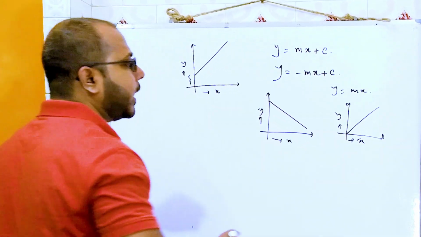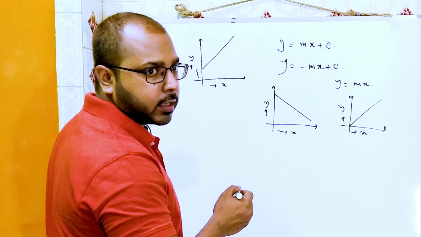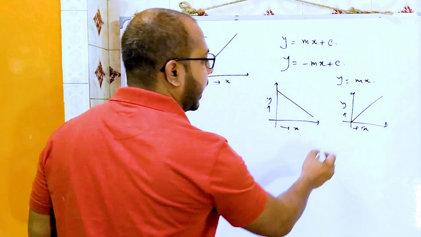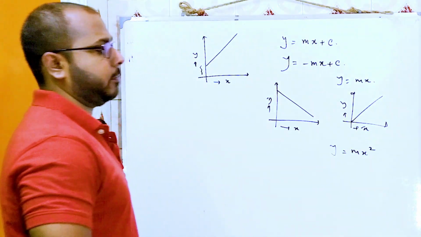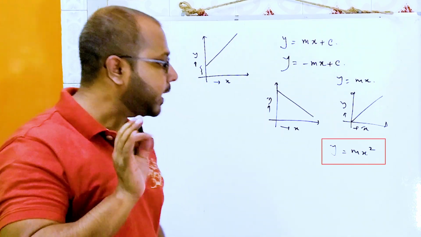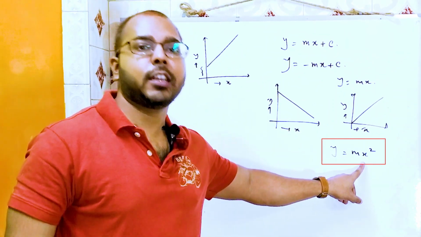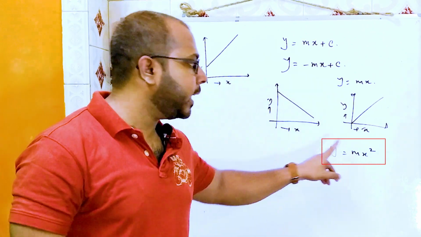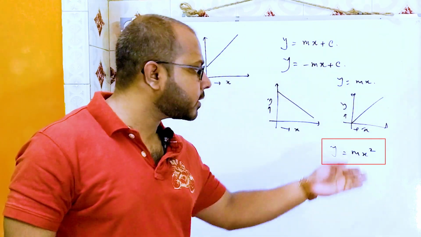Now what is meant by hyperbolic equation? What is meant by parabolic equation? Which equation gives a parabola? If we look, y equals mx square. Whatever the value of x, if it is negative then y is positive, and if it is positive then y is also positive, because y is directly proportional to x square.